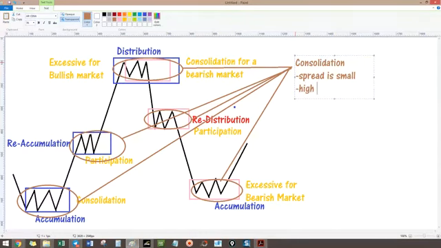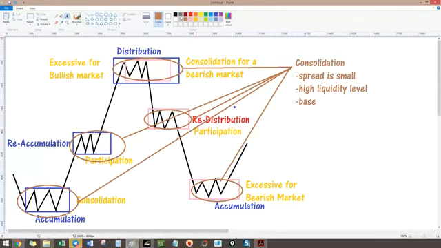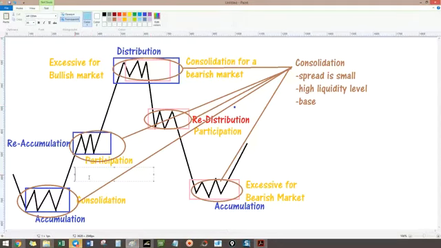It's a high liquidity zone, high liquidity level, also known as a base. So consolidation means small spread, high liquidity level, and is also known as a base. All right. And then over here, we have markup in price.